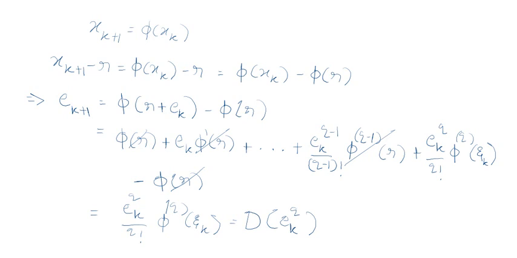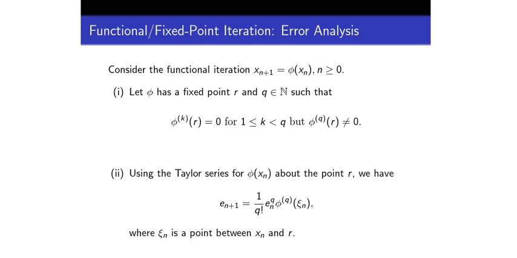Or it is approximately phi q at R. z_k can be approximated by R because it lies between x_k and R, and the x_k's are the sequence which converges to R. So for large enough k, and since we are assuming the qth derivative is continuous, z_k also converges to R. So in a limiting case or large k, it can be approximated by the qth derivative at R. Okay, so error analysis can proceed in this fashion.